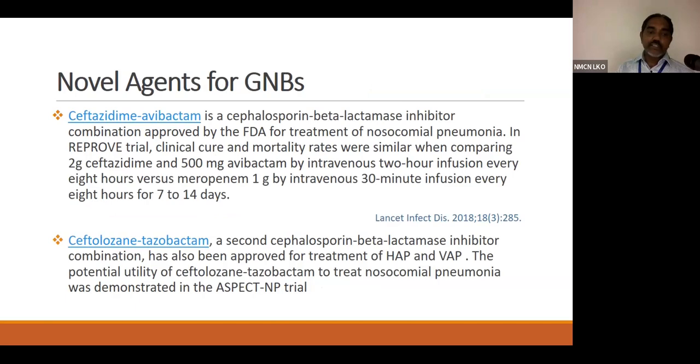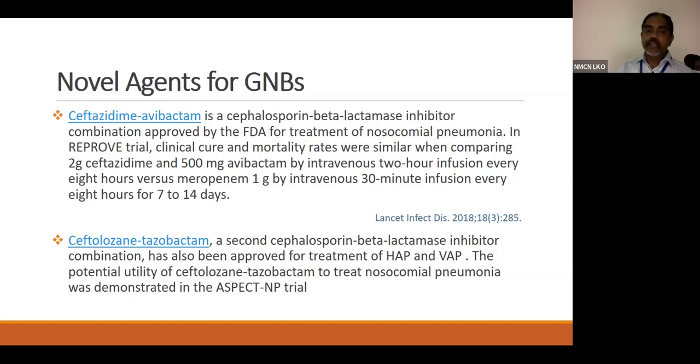Some novel agents like ceftazidime avibactam, which is being used very commonly nowadays for hospital acquired pathogens. It's a newly used cephalosporin with beta lactamase inhibitors and has been approved for treatment of nosocomial pneumonia.